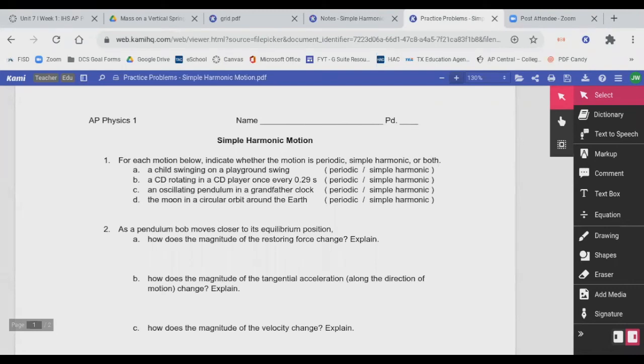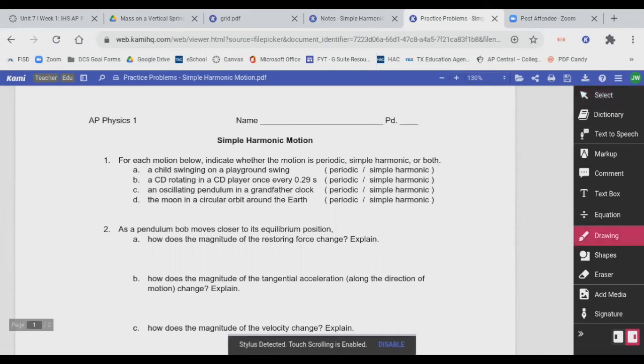Let's just take a look at this and answer these. Some of them will take more time than others, depending on the question. For each motion below, indicate whether the motion is periodic, simple harmonic, or both. A child swinging on a playground swing. Is it periodic? Yes, that is periodic. We could time that, and it repeats itself.